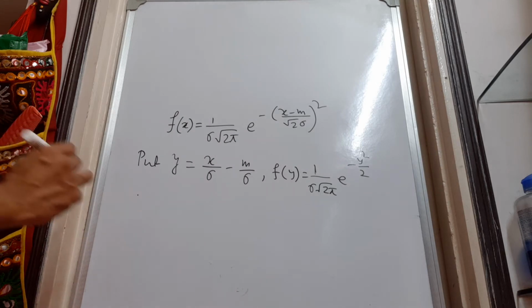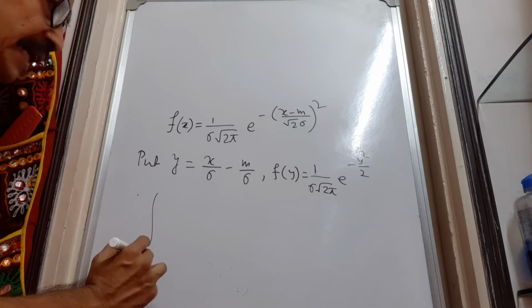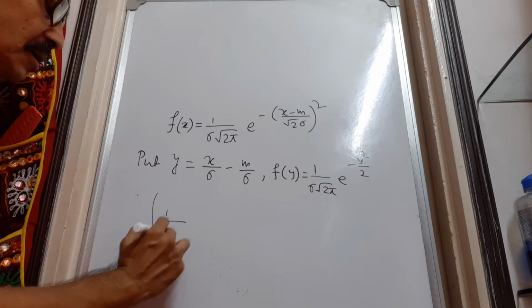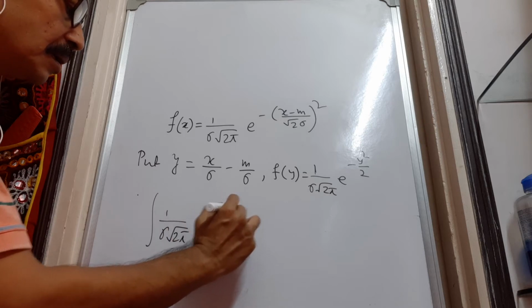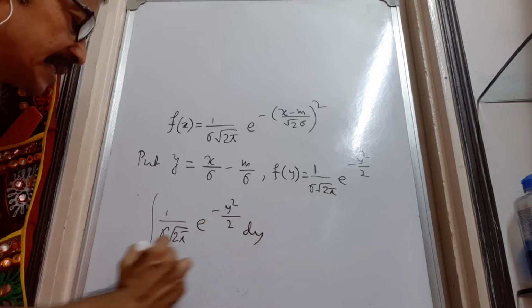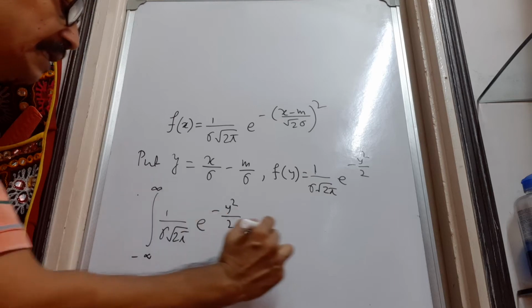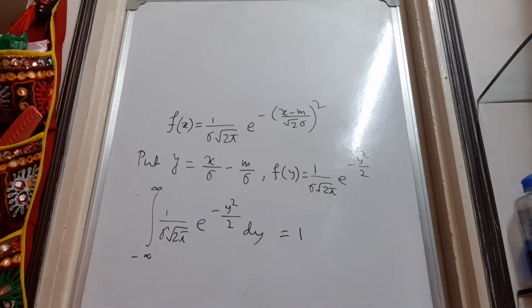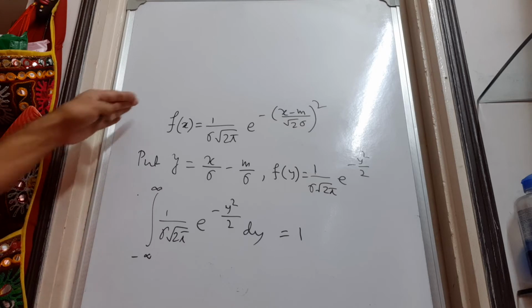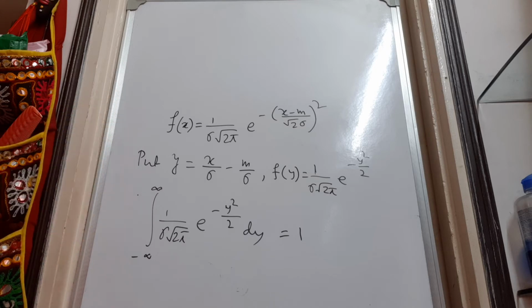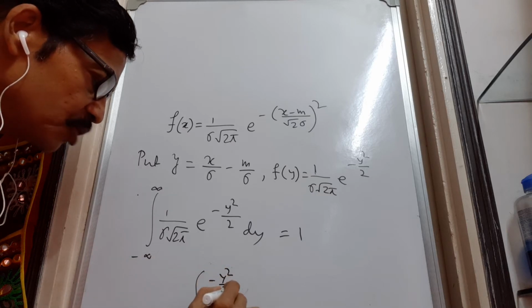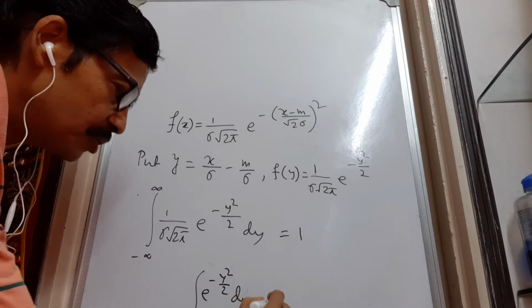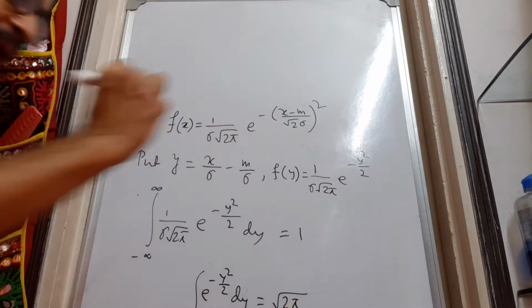What is the advantage? The advantage is that we can establish that this is equal to 1 more easily than this form, nothing else than that, because we all know that the integral of e to the power minus y square by 2 dy is equal to root 2 pi.